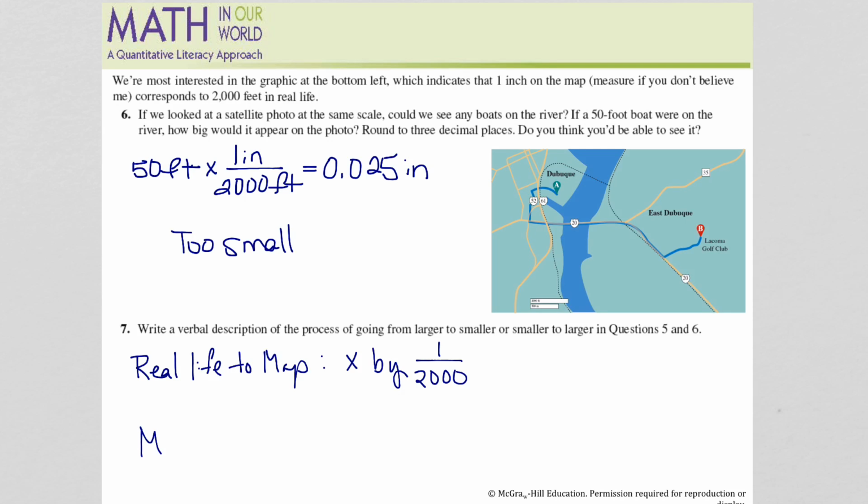And from map size to real life, we would be multiplying by 2,000 over 1.